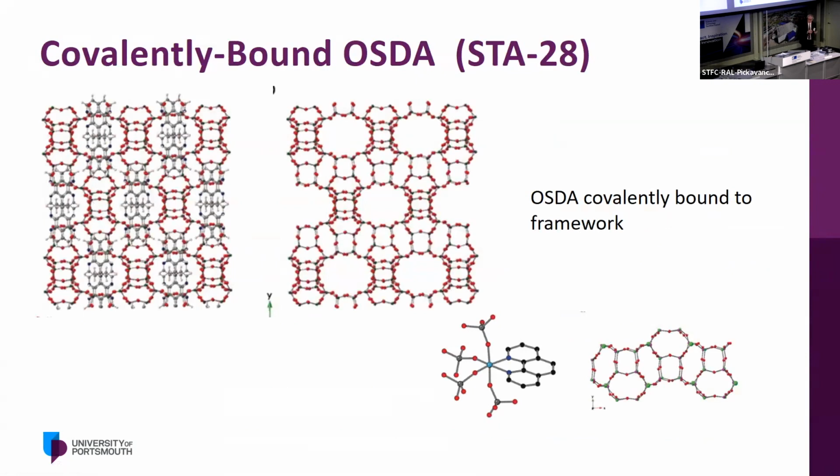One thing we were able to do there, modeling, which was helpful, was that if you take the template out, then the aluminium here, or as has been said, the iron there, will go from 6 coordinate down to 4 coordinate. And we were able to model what the structure would be like with that 4 coordinate aluminium there.